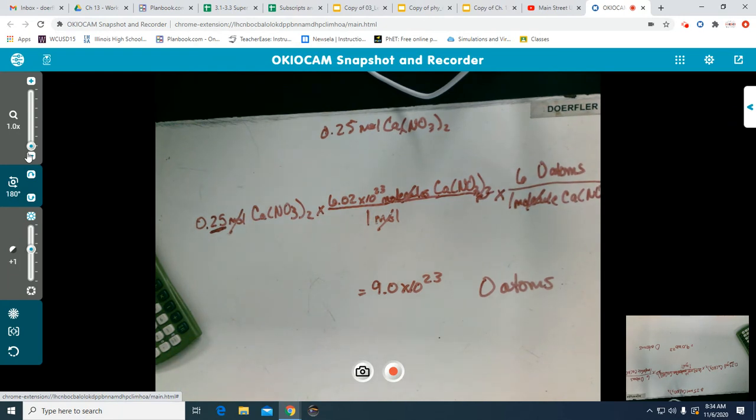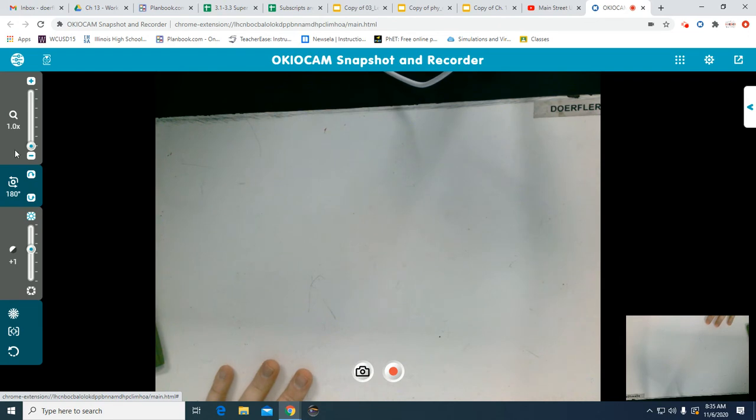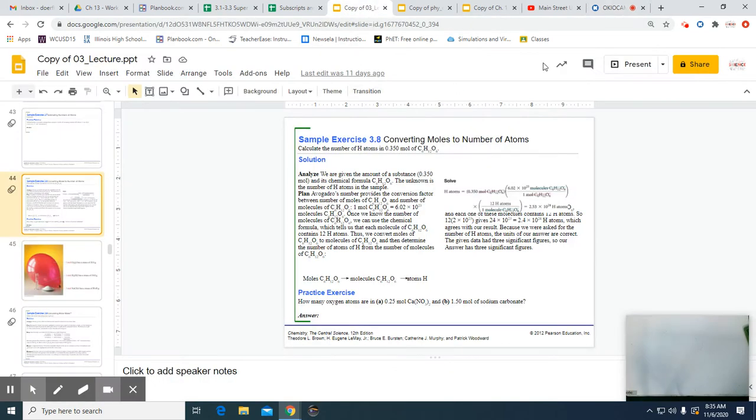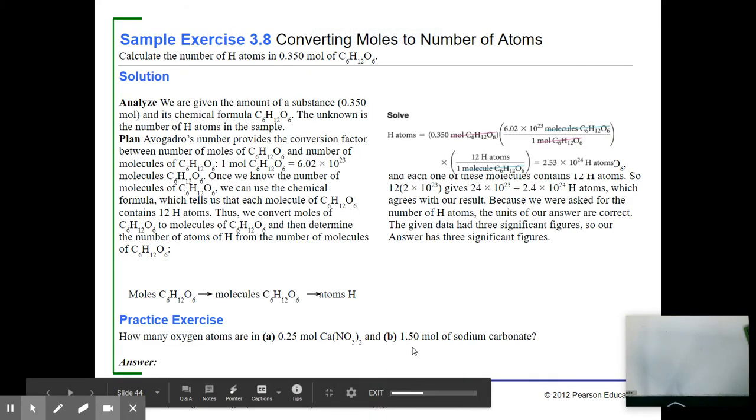So now let's shift directions and look at a problem that you're going to come across. Okay, this is the emphasis that I was giving last chapter. Okay, part B. 1.50 mole of sodium carbonate.